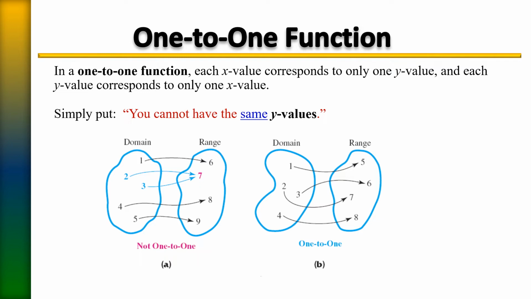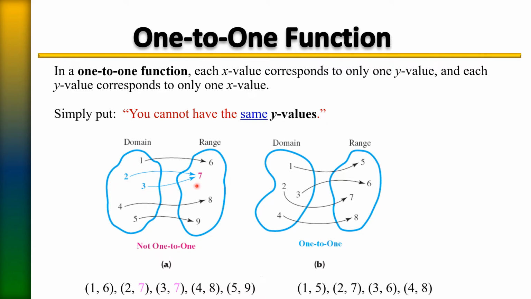So in the first example here, in terms of ordered pairs, we have (1, 6), (2, 7), and we also have (3, 7). So even though the x values were different, the y values were the same, and you cannot have two of the same y values. The other ones were fine, (4, 8) and (5, 9), but this is what violated the function, so it is not a one-to-one function.